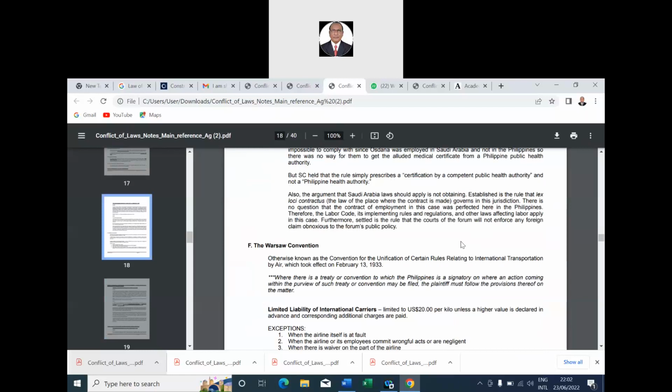But nowadays you will get an electronic ticket. Earlier, did you see a ticket consisting of 4 up to 5 pages? And behind the ticket, in small letters, all the conventions are mentioned, the limited liability conventions, and there you will see the Warsaw Convention also.